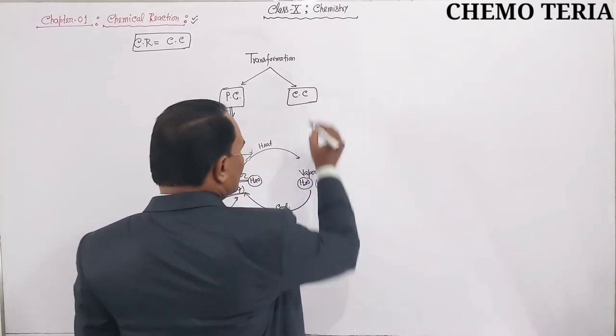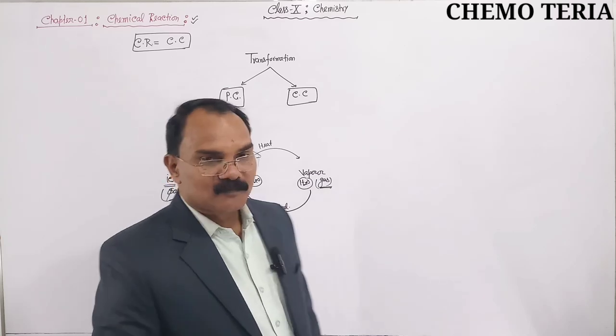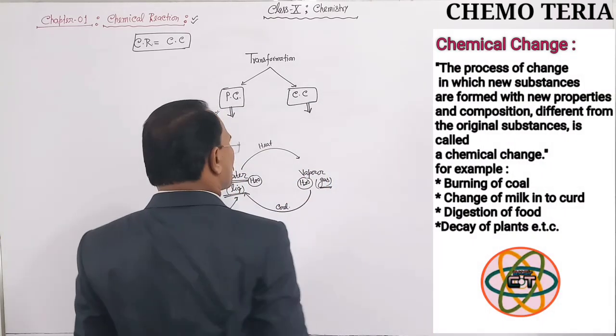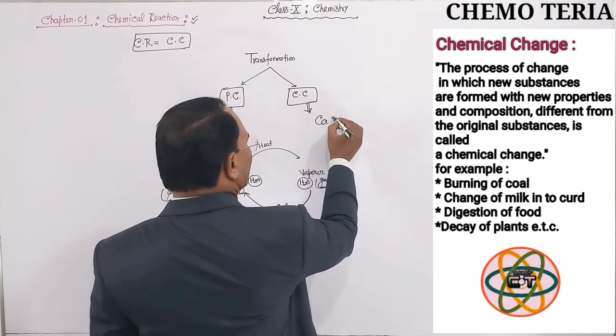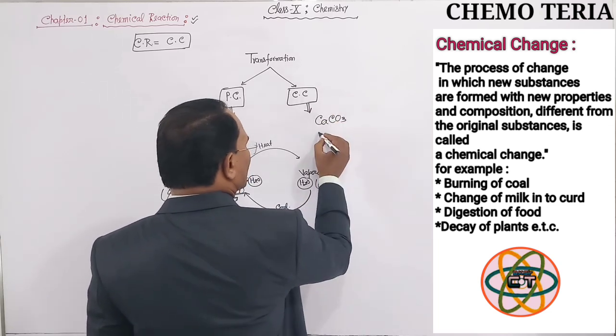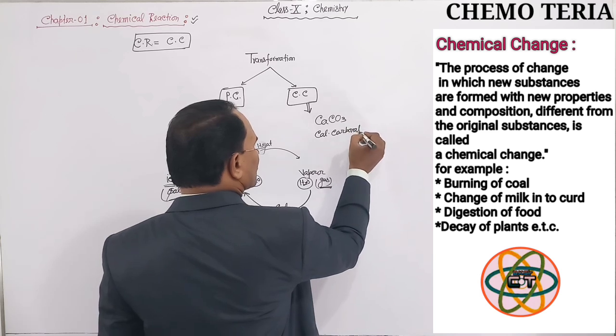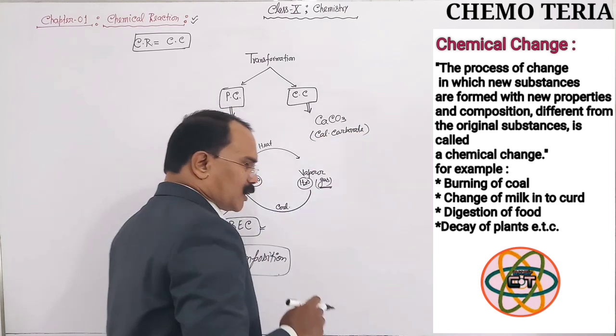In chemical change, let us take an example. Suppose we have CaCO3, that is called calcium carbonate.